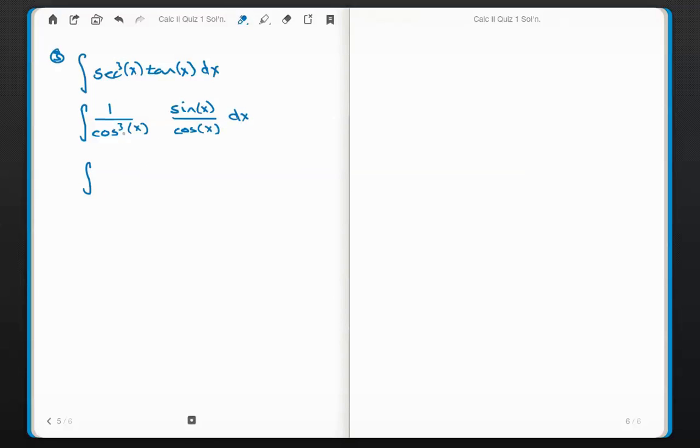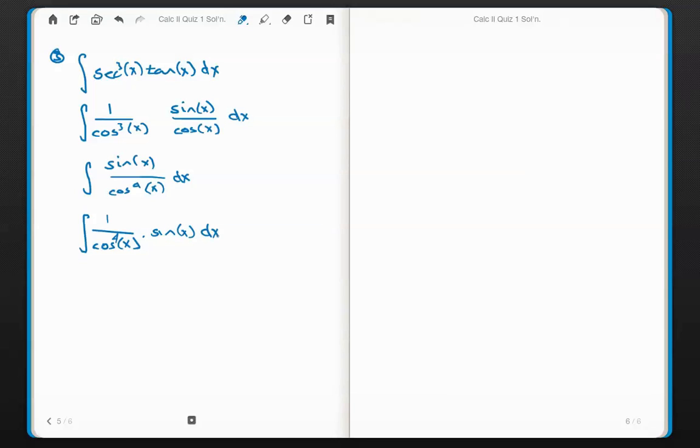Simplify this a little bit. Cosine cubed and cosine, so this is sine of x over cos to the 4th x dx. And I'm going to write this one more time as 1 over cos to the 4th x times sine of x dx.